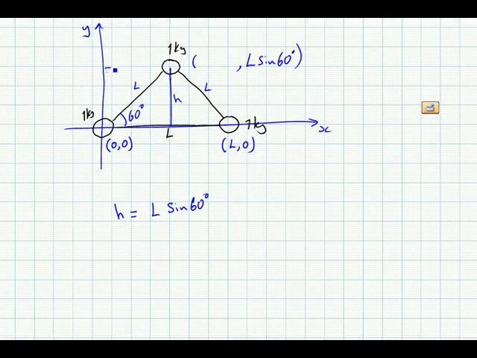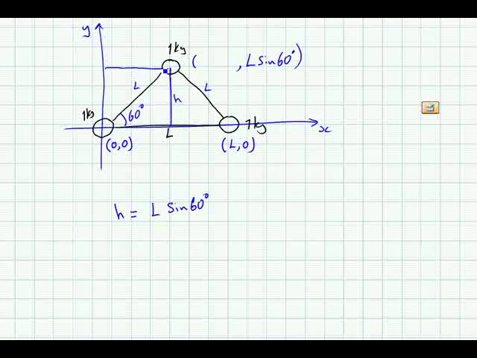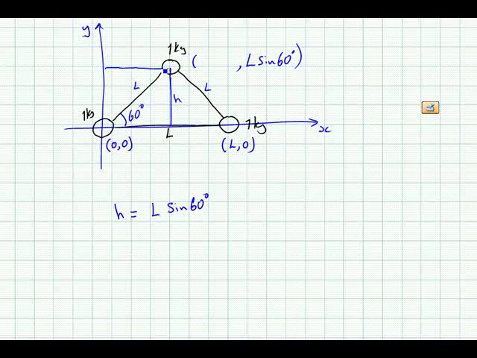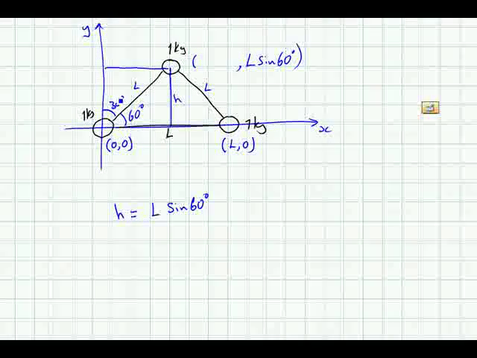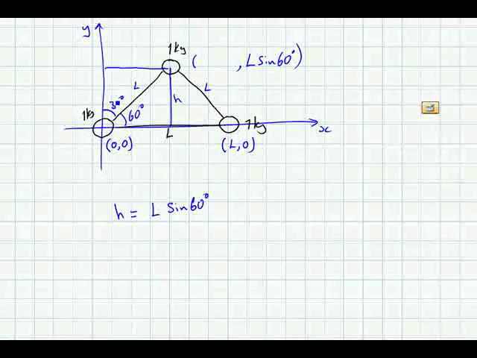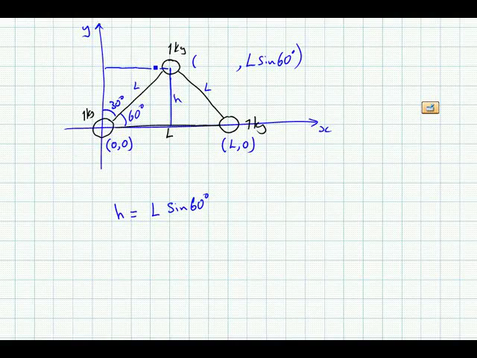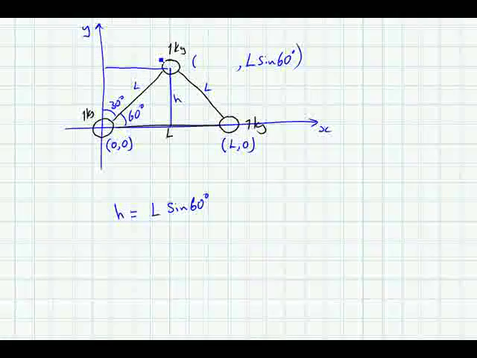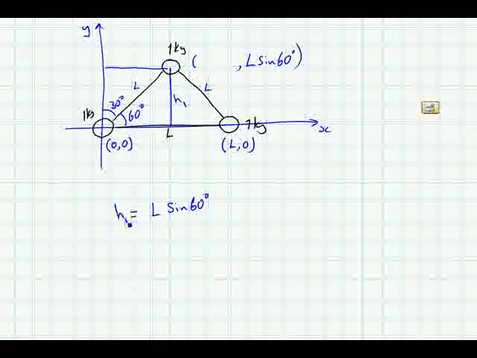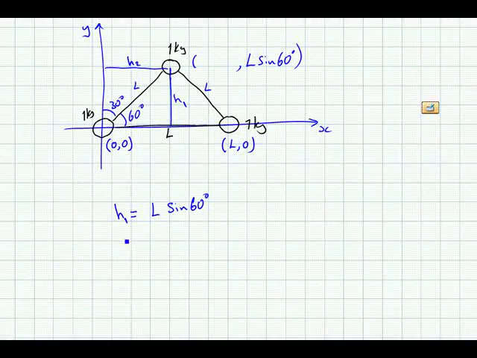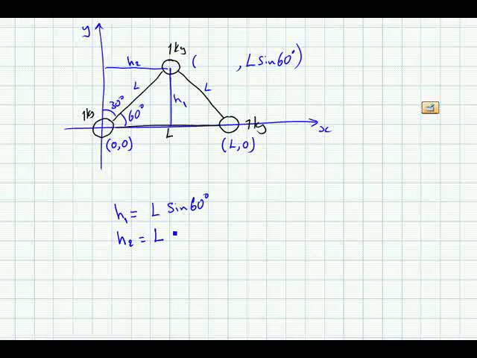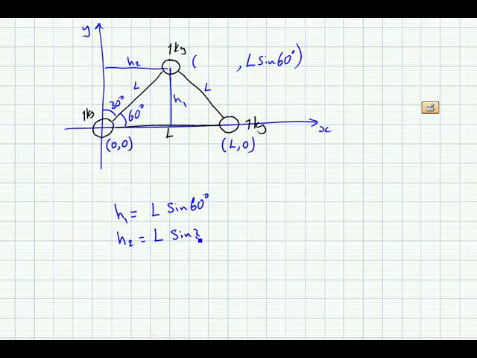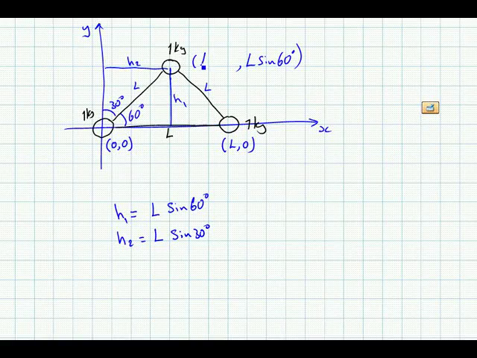And as far as the x coordinate, once again, if that's 60, then this is 30 degrees here. So if we call this distance h1, this is h2. H2 is L times sine of 30 degrees. So this would be L sine of 30 degrees.